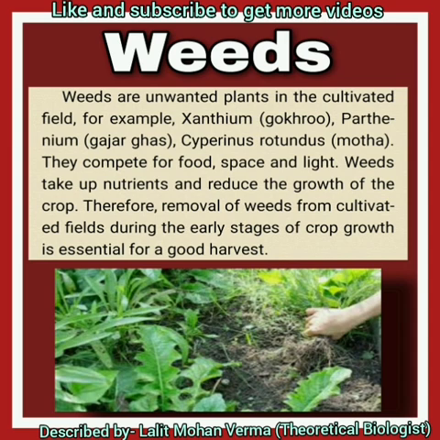You would have seen that when we grow a crop, in addition to the crop plant, certain unwanted plants also grow in the field simultaneously. Actually, these unwanted wild plants which grow with crop plants in the cultivated fields are called weeds. Weeds grow in the crop field and compete with the main crop.